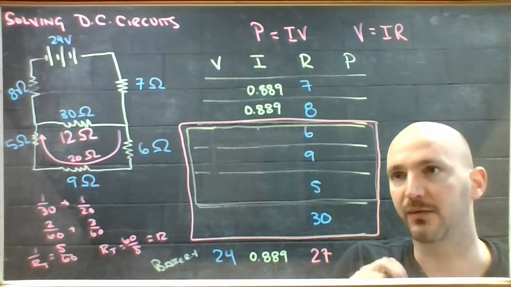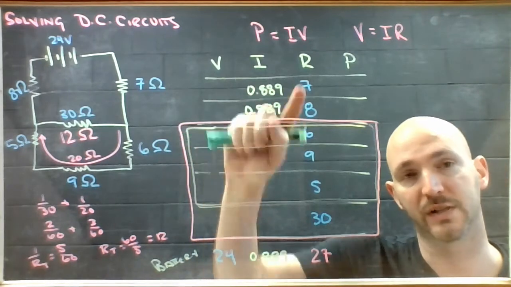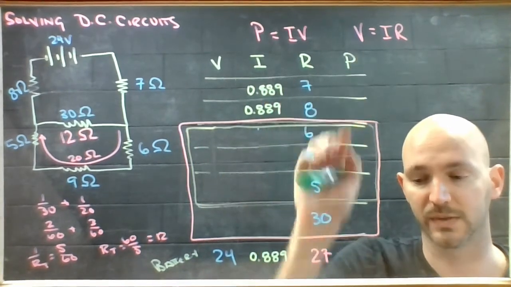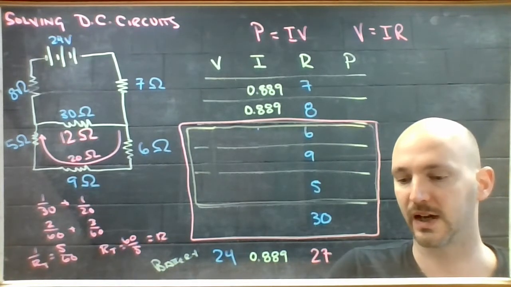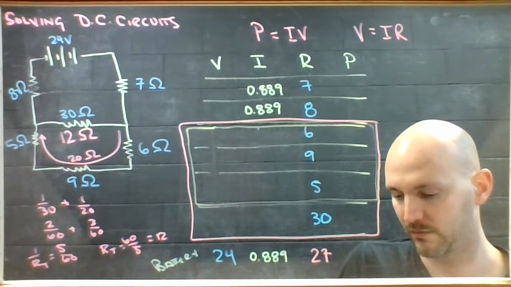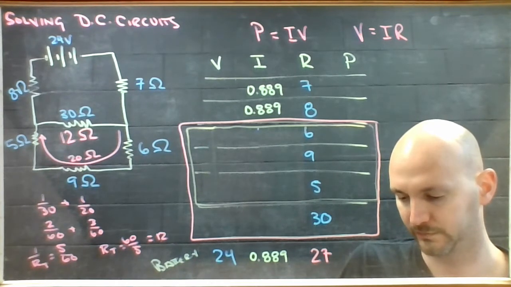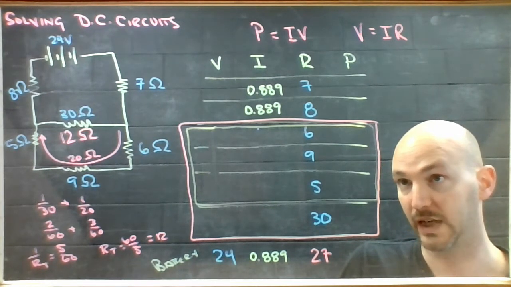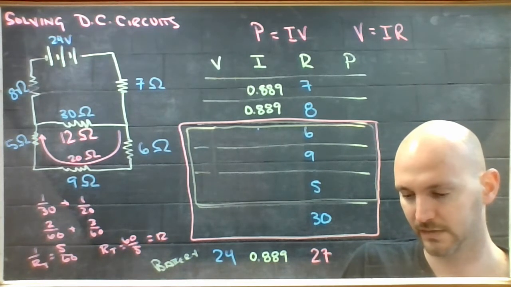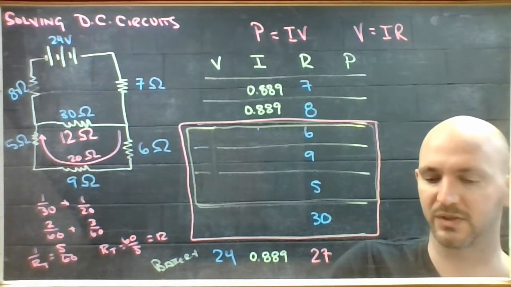Now, I've got a few rows. I have 2 here where I have a current and a resistance. So if I have a current and a resistance, I can calculate voltage with Ohm's law. So I'm going to do that. Got my .889 times 7 gives me 6.222.